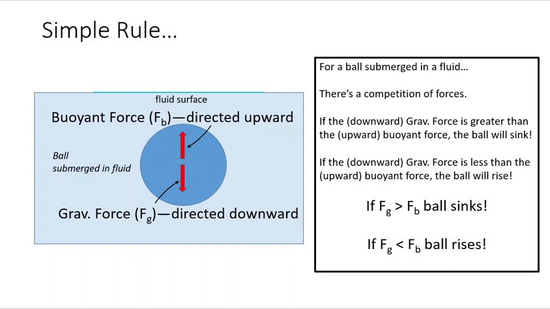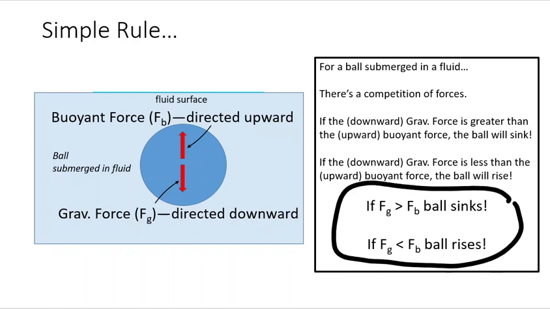Is it going to sink down to the bottom of the fluid, or is it going to pop up like a cork toward the top of the fluid? And the answer to that question is, it depends on the relative strengths of the buoyant force and the gravitational force.